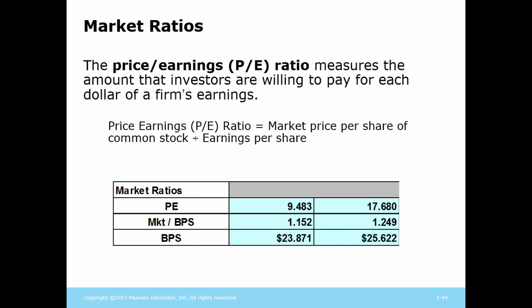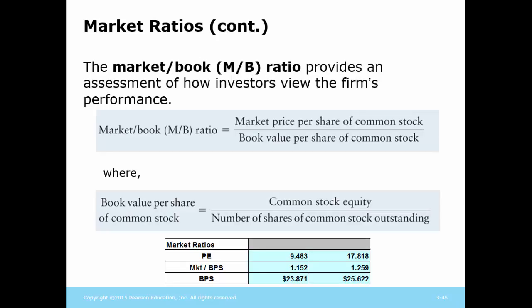Big question is, are shareholders right? Are investors typically right more often than not? The market to book value ratio gives us a picture also of value, but in this case, it gives an indication of what it costs to buy the company. So in this case, last year, to buy the company, you had to pay roughly a 15% premium, 1.15. But this year, you'd have to pay a 25% premium to get the company.